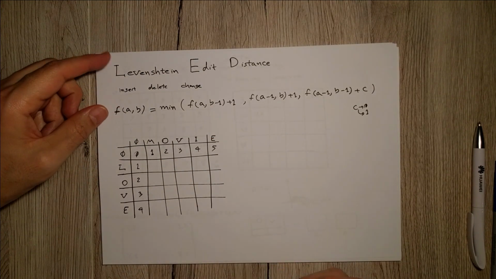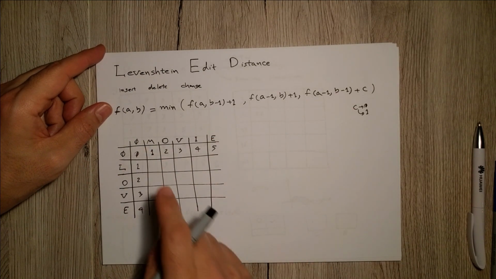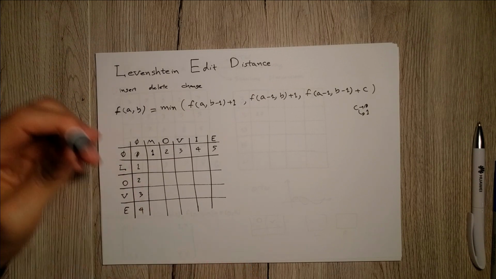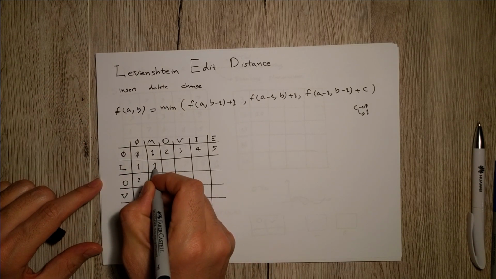Okay. Now the cost of comparing M and L is 1. We need to do one change.